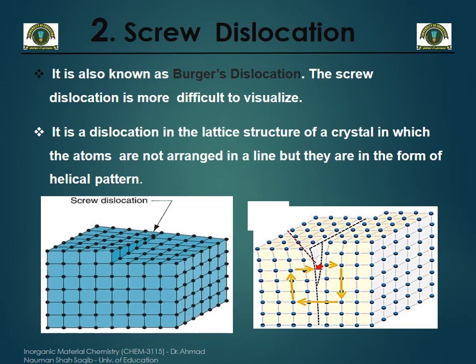It is the dislocation in the lattice structure of a crystal in which the atoms are not arranged in a line, but they are in the form of a helical pattern.